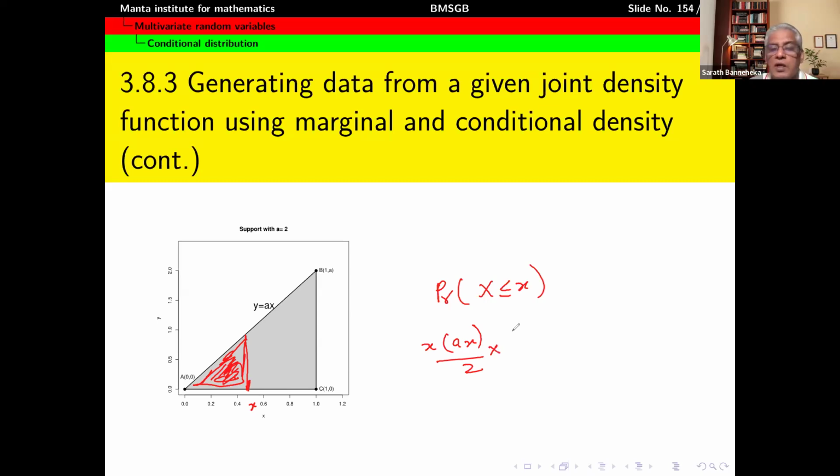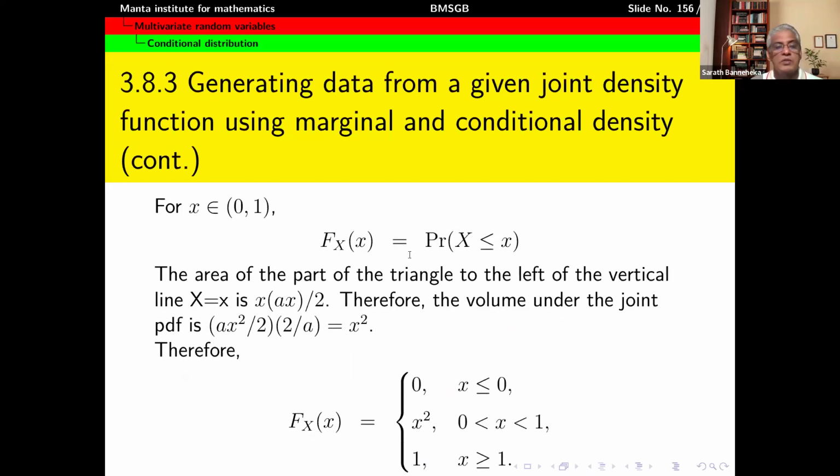And then you have to multiply that by the height of the density function, which is equal to 2 over a, right? So therefore, that's equal to ax square divided by 2 times 2 over a, which is equal to x square.